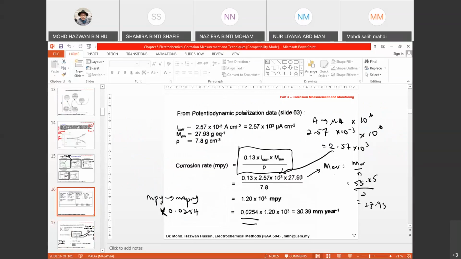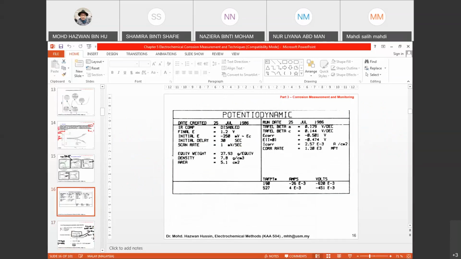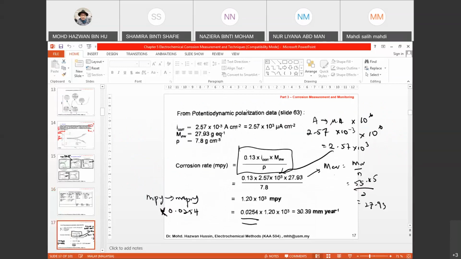Some example results that you will get from potential dynamic polarization methods, and how to double check your values for corrosion rate from the software and also if you calculate it manually. And for the unit conversion from MPY to mmpy, as I said, you need to multiply it by a factor of 0.0254, and you get the conversion to millimeters per year.